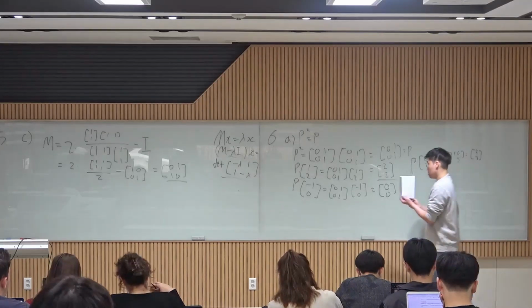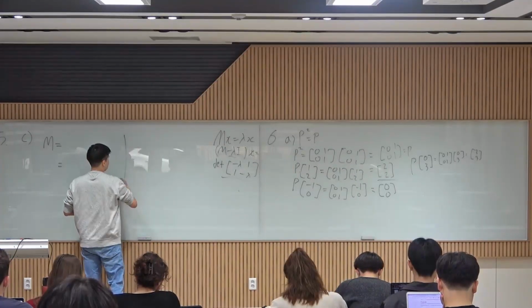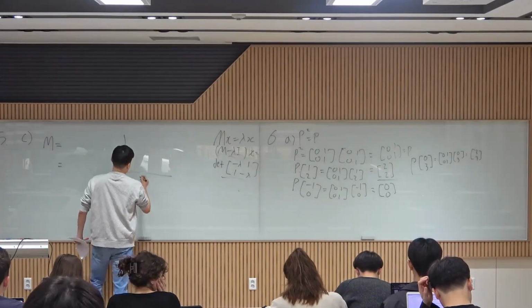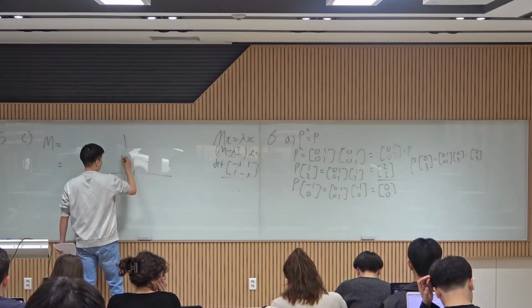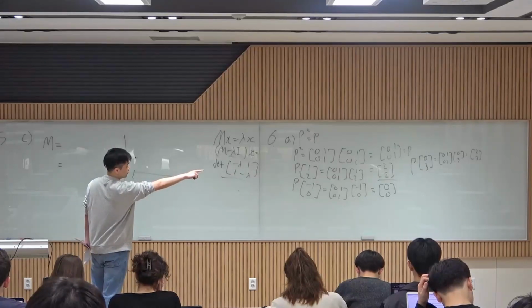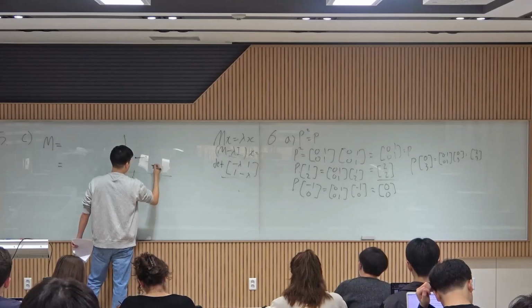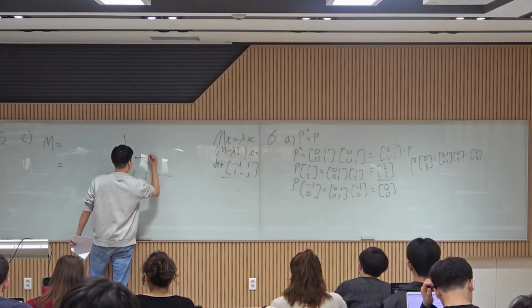So let's sketch these vectors in the plane. The original point was (1, 2), okay, right here. And this point goes to (2, 2) with the projection matrix, okay?